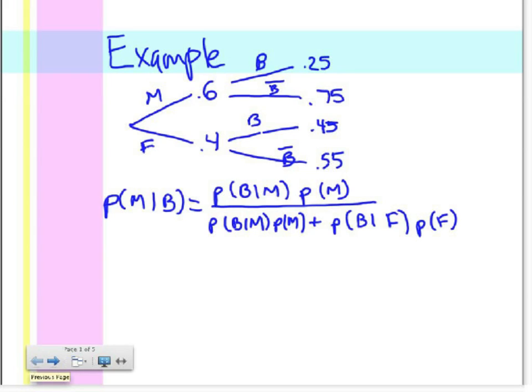We can only replace not M with female in this case because the probability of M plus the probability of F equals 1. Basically, everybody is either male or female.